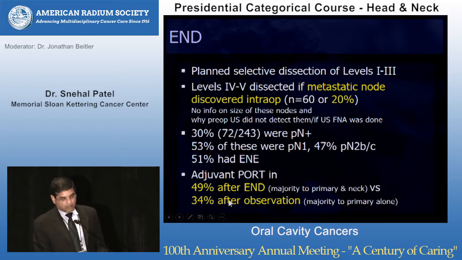Also, there was a difference in how these patients were treated postoperatively. Patients who got elective neck dissection, almost 50% of them had postoperative radiation therapy, and the majority were to both the primary and the neck. In contrast, if the patient was observed, the neck was observed, only 34% had radiation therapy, and the majority were treated only to the primary.